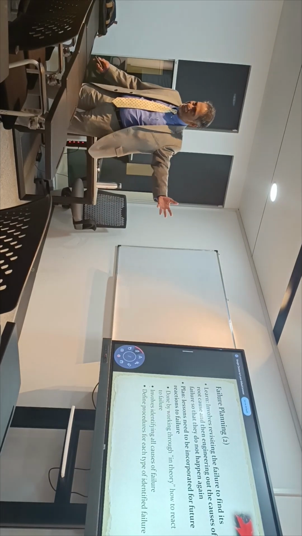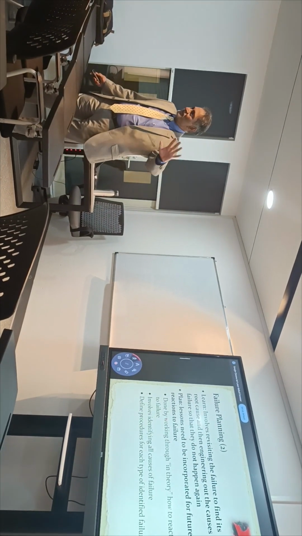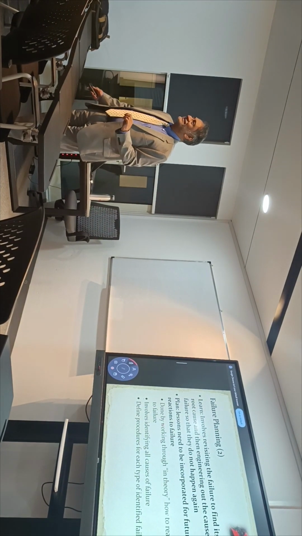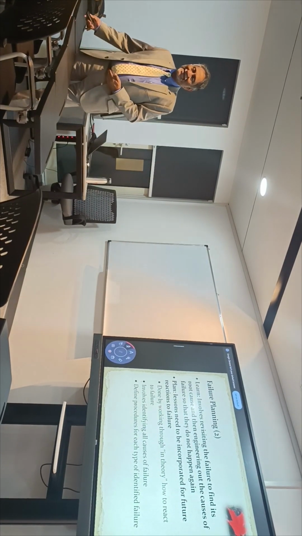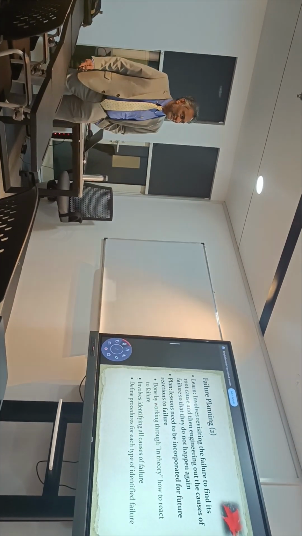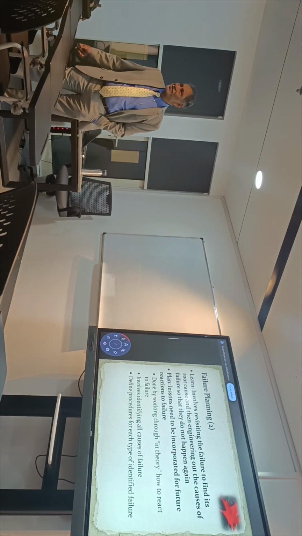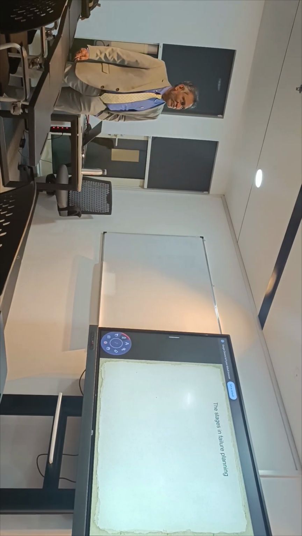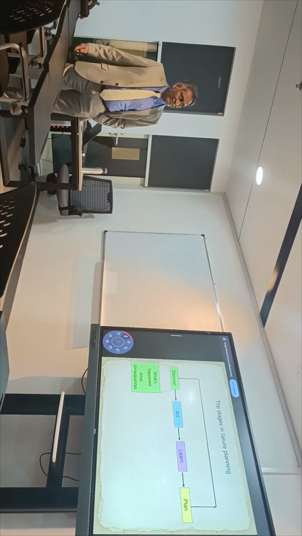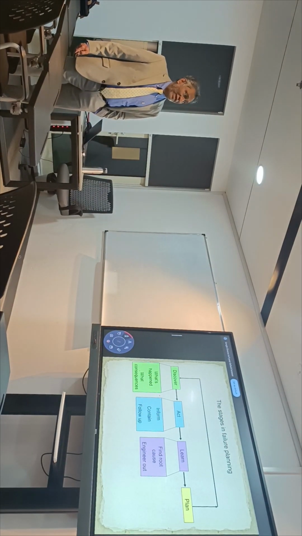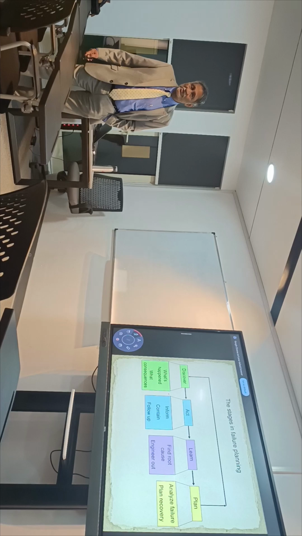Accidents happen even if you are careful, when you're over careful also. So one has to be clear about how to do that. So this is what it is: discover, act, learn, plan, and so on and so forth.